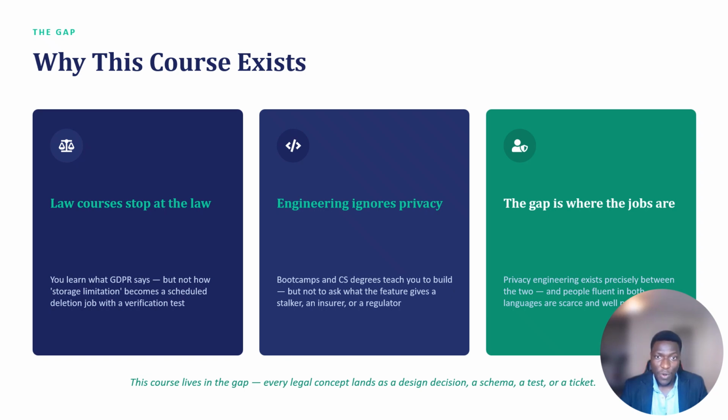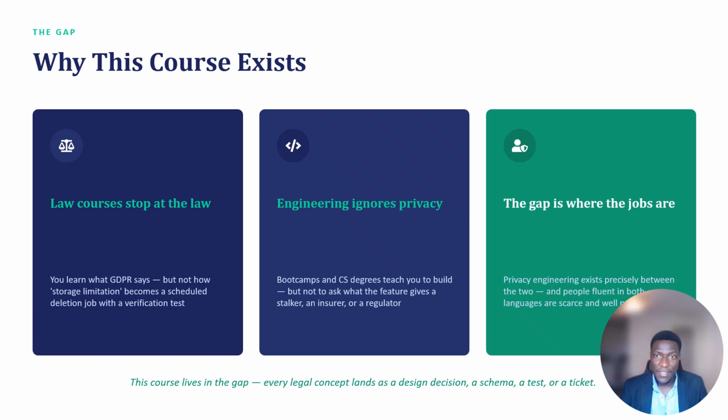Boot camps and computer science degrees teach you to build brilliantly, but never ask what a feature hands to a stalker, an insurer, or a regulator. The gap between those two worlds is where the incident happens, and it is also where the jobs are.